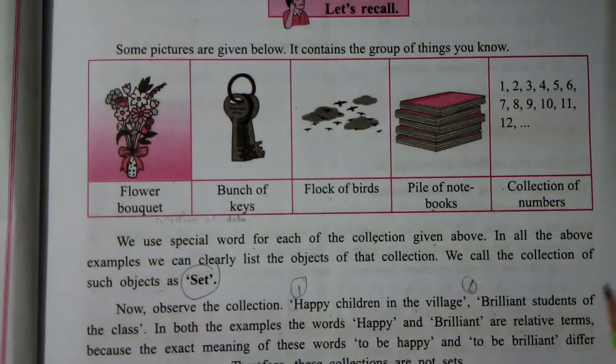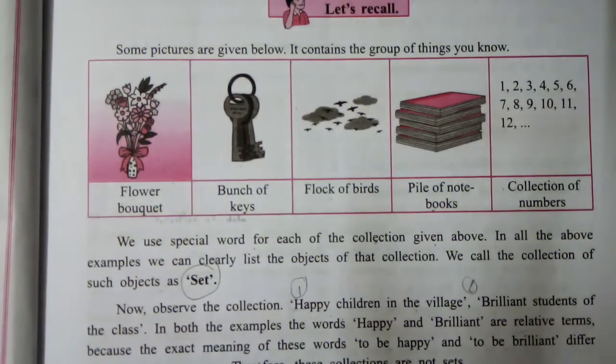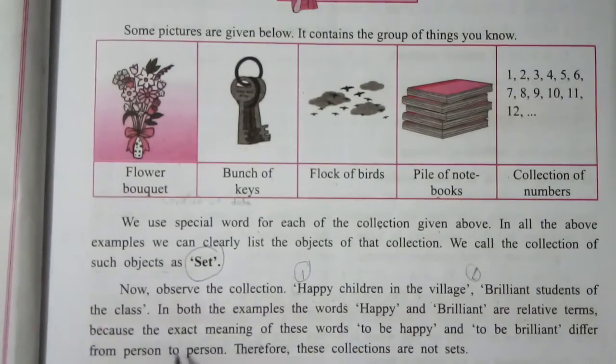That means the group of happy children in the village and the brilliant students of the class are relative terms, because the exact meaning of these words, to be happy and to be brilliant, differs from person to person, and therefore these collections are not sets.